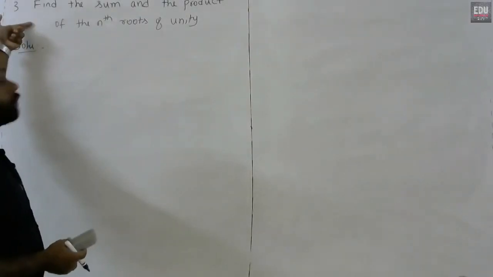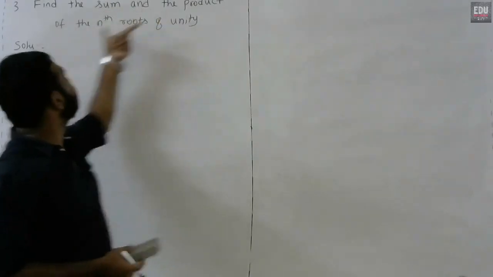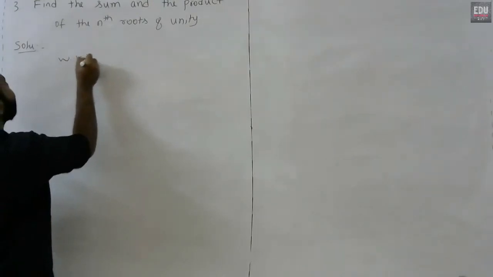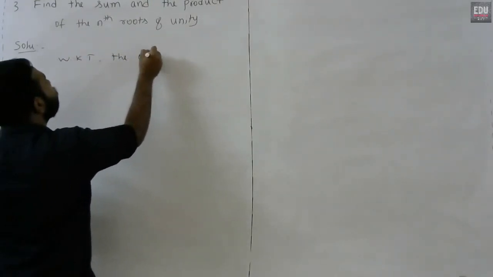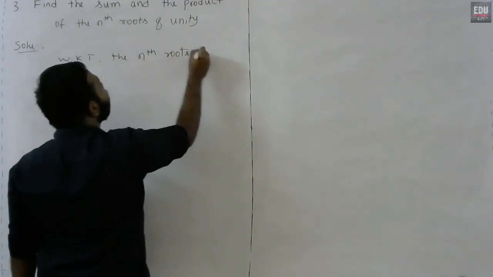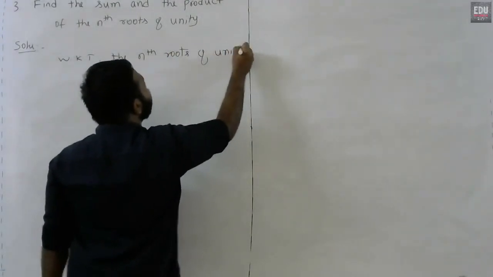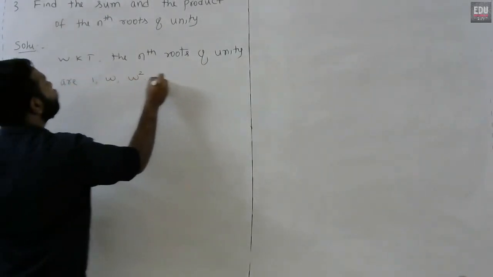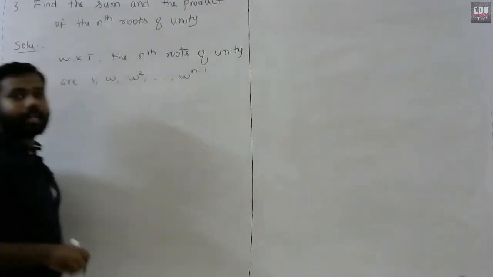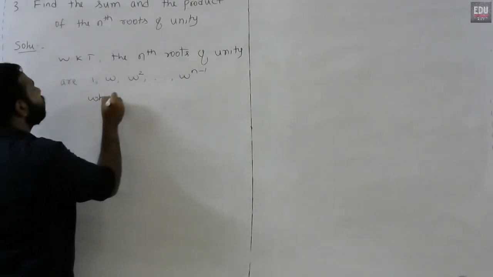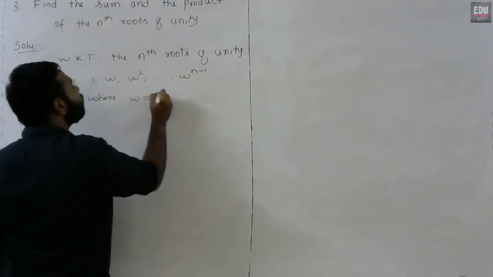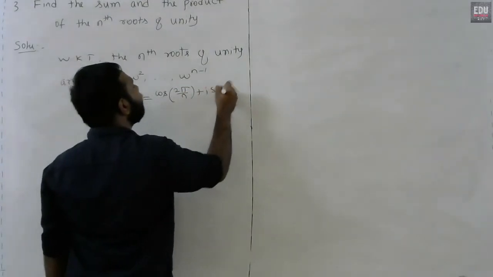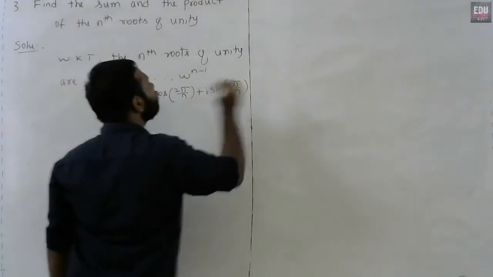Now the third problem, find the sum and the product of the nth roots of unity. We know that the nth roots of unity are 1, omega, omega square, so on up to omega power n minus 1, where omega is cos 2 pi by n plus i sin 2 pi by n.